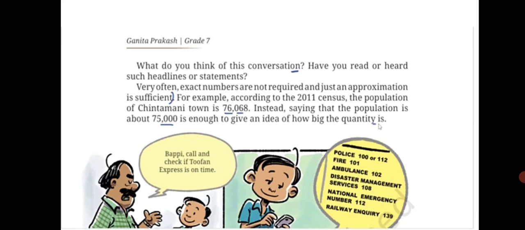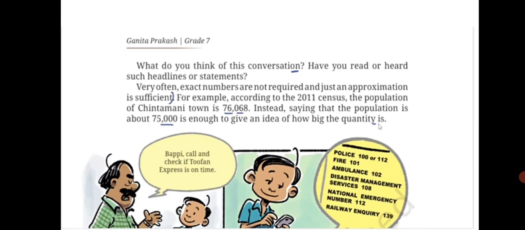Instead, saying that the population is about 75,000 is enough to give an idea of how big the quantity is. Here the exact value is 76,068, and instead you can say 75,000 as an approximate value.